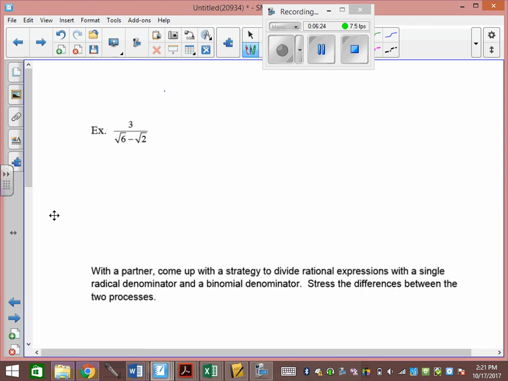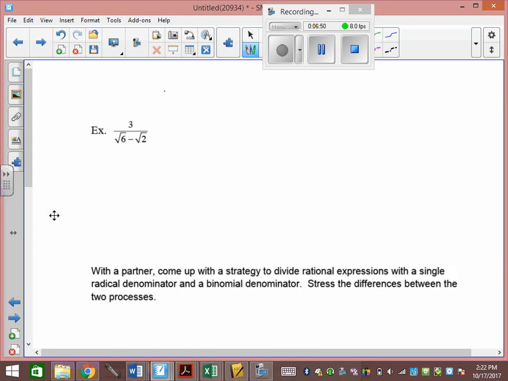So we can never have radicals in our denominator, so we have to get rid of them. When I have 2 terms with radicals in the denominator, how do we get rid of the radicals? How do you get rid of radicals in the denominator?